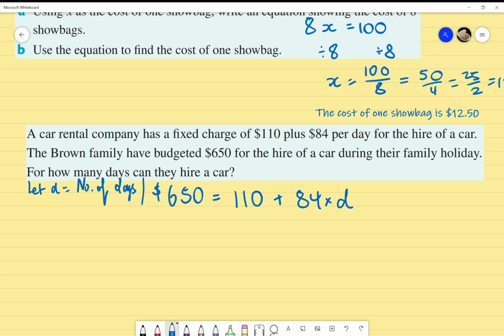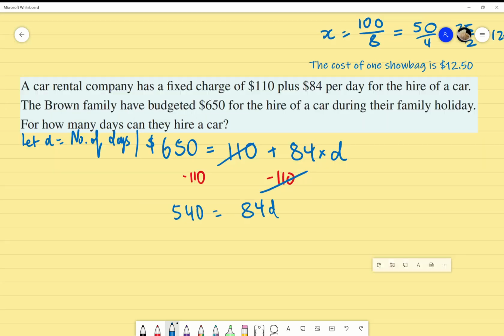Let's solve it. I'm going to minus 110 on both sides. These two cancel out. I get 540 here, and on the right hand side I have 84 times D. Then I'm going to divide both sides by, not D, sorry, 84.